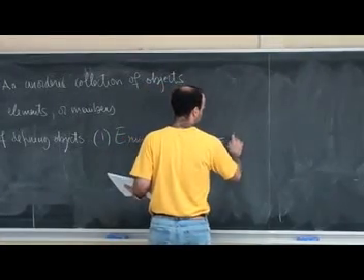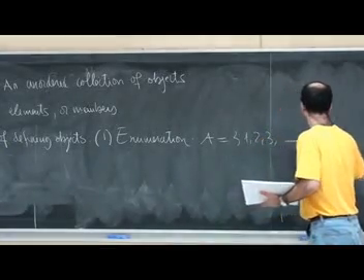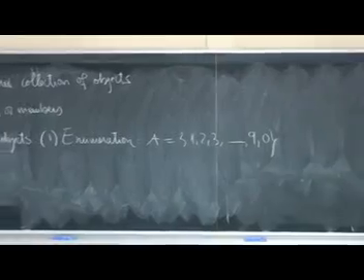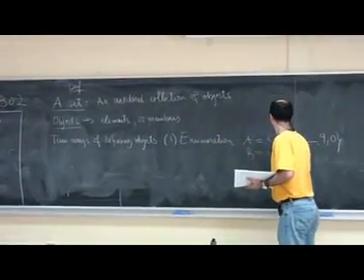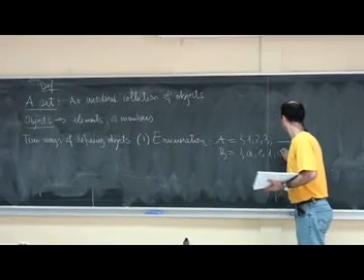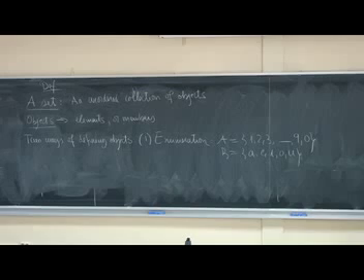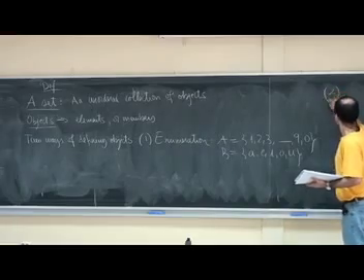Like I say 1, 2, 3, 4, 9, 0. That is my set A. Or this is the set of English vowels as symbols, as letters, not as sounds. Right?